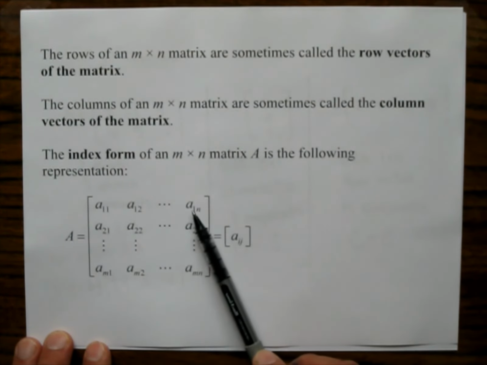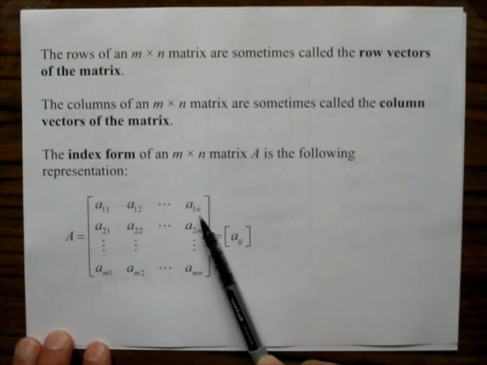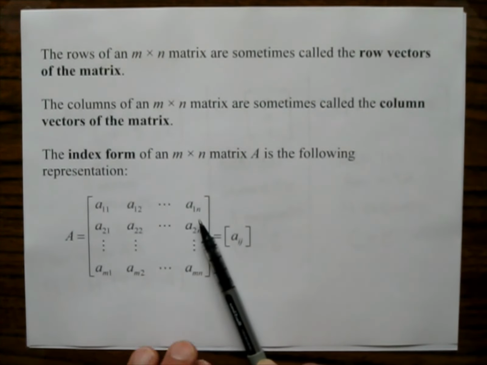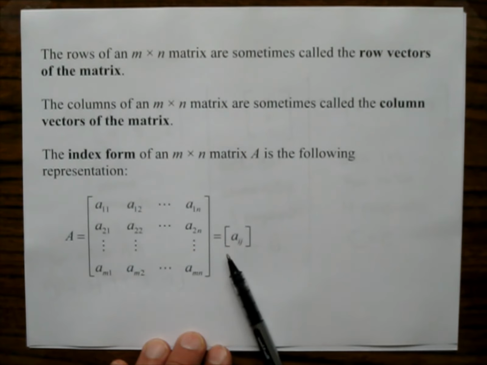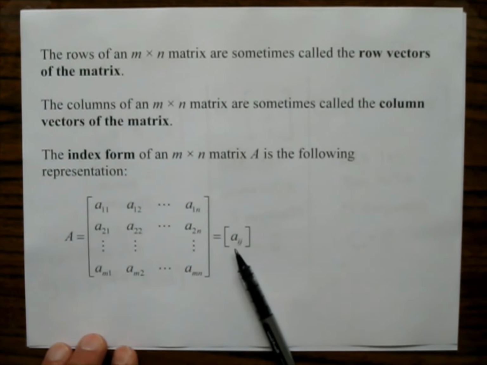Anything in the first row is going to start off with an A sub 1, and then it tells you which column it's in. And so lots of times, if you took a higher level linear algebra class at a university, they would use this A_ij in brackets, which would then be used for a lot of proofs when they're proving things in linear algebra.